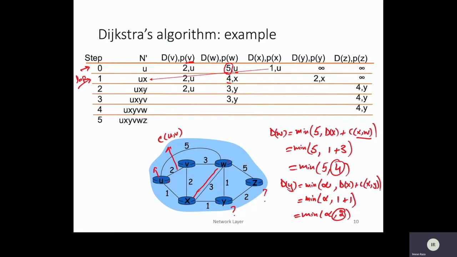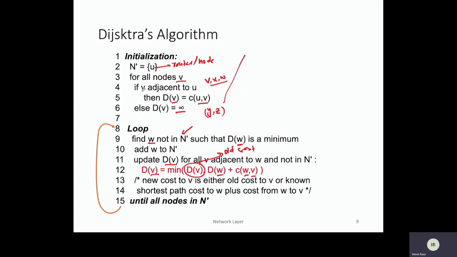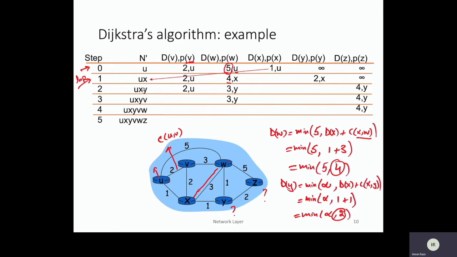So what do you think? Again, we are in this loop. Again, what we have to do is find a node W not in N such that the cost to reach from U to that node is minimum, right? So what should we do now?